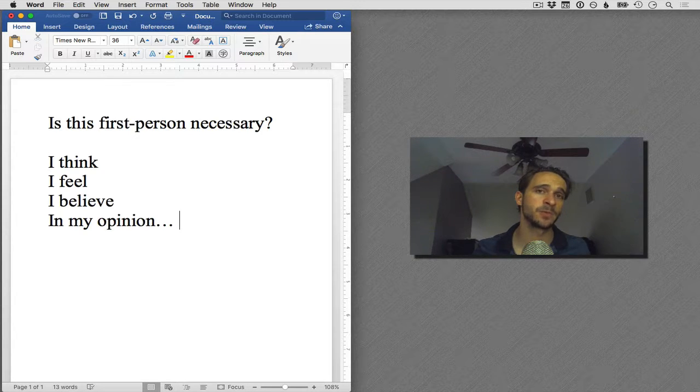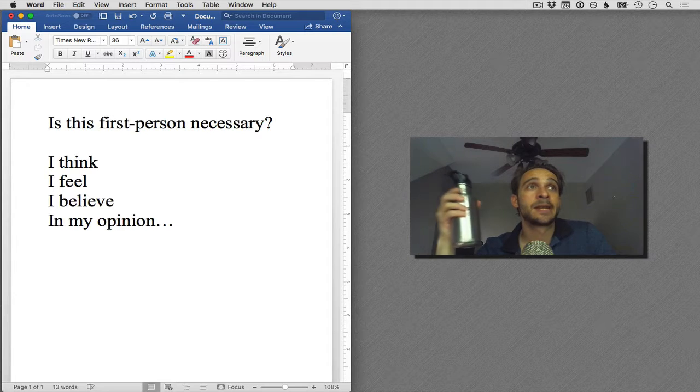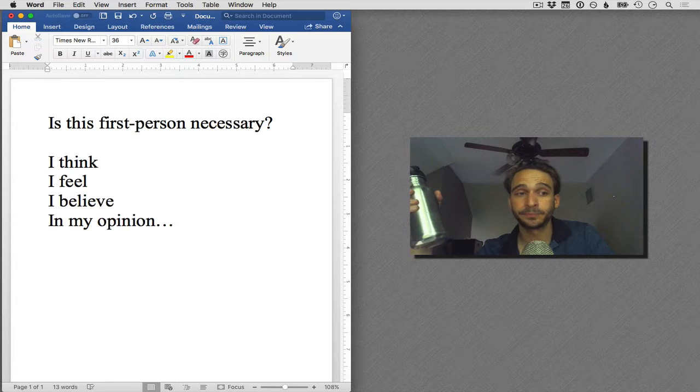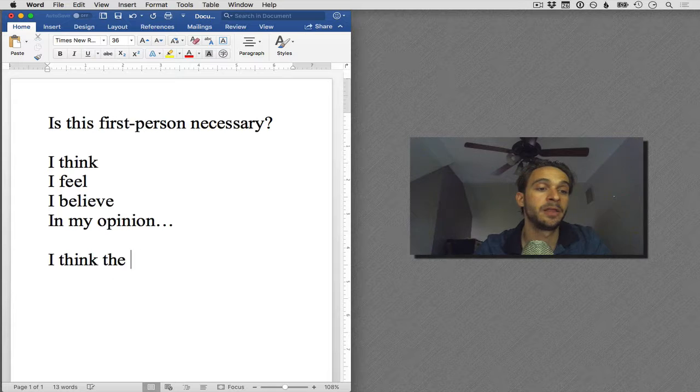It's very easy to write this way because hopefully you know what you think, you know what you feel, you know what you believe, you know what your opinions are, if you're lucky. But because these are formal academic argumentative papers, it very often can undermine the argumentative authoritative qualities of your prose. And what I mean by that is when you say, I think the author was effective, you're just giving us a statement of fact about something that you think, right?